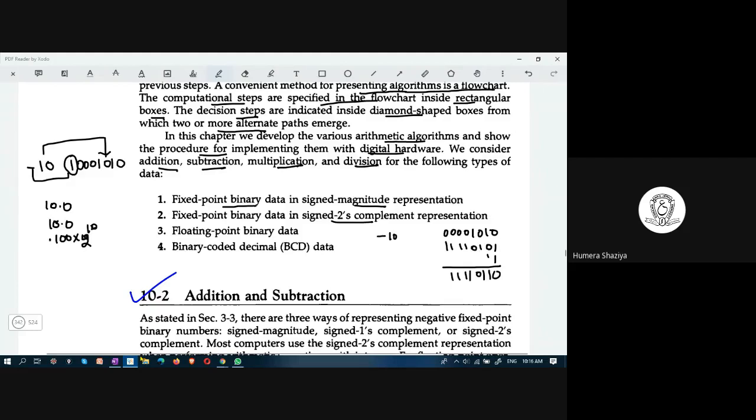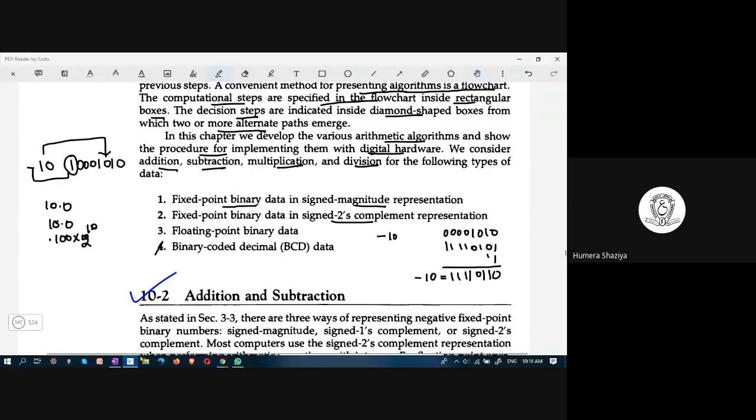This is minus 10 in 2's complement form. In signed magnitude form, 10 as it is you convert and add a prefix of the sign bit, which is 1. Here you convert the number to 1's complement, later you add 1 to it to obtain 2's complement. This is a 2's complement number.